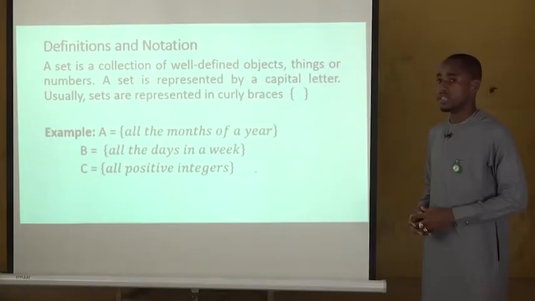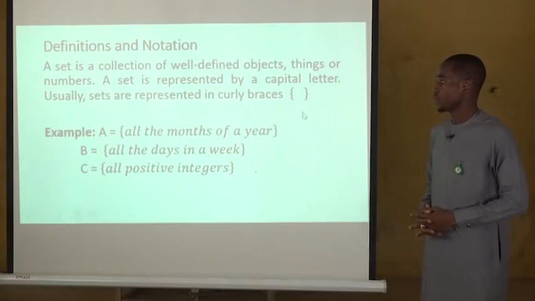What we mean here, we said a set is a collection of well-defined objects. And learners should take note, a set is represented by a capital letter, and the only acceptable bracket in set is the curly braces. For example, A is a set of all the months in a year.